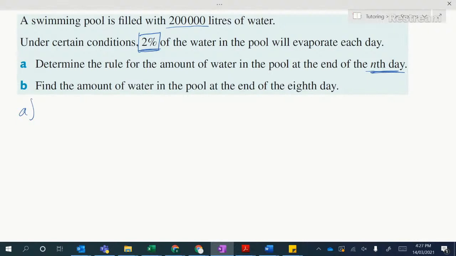It looks like this. Okay, that's what it looks like. However, in this case, I would actually prefer to, instead of using 200,000 as the first term, I would actually prefer to make that term 0, like this.